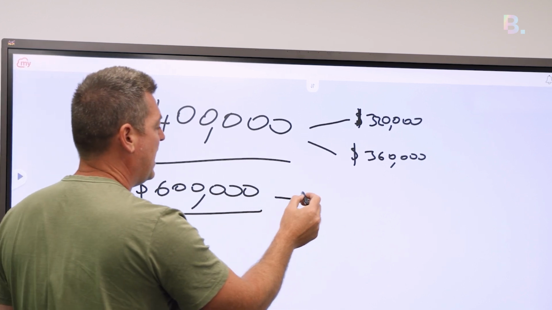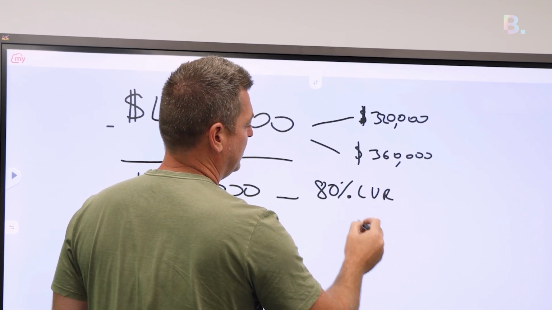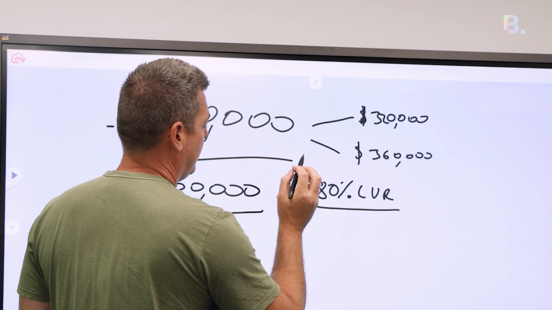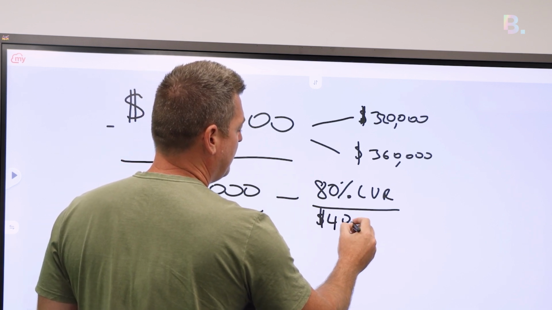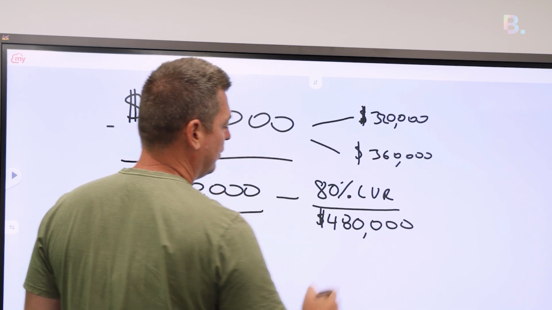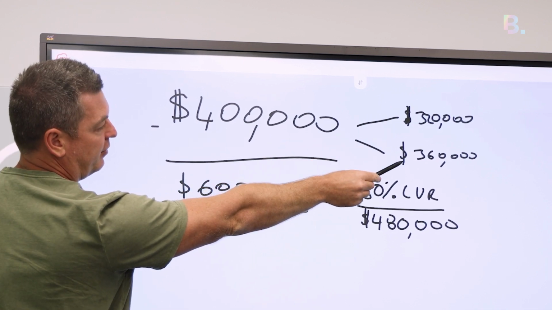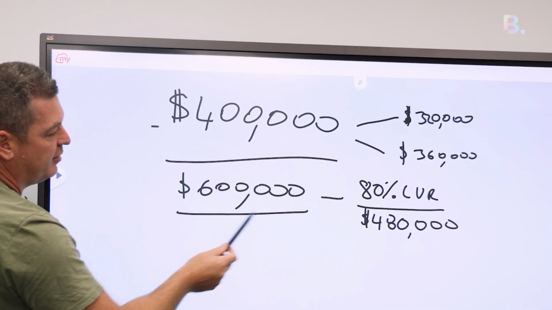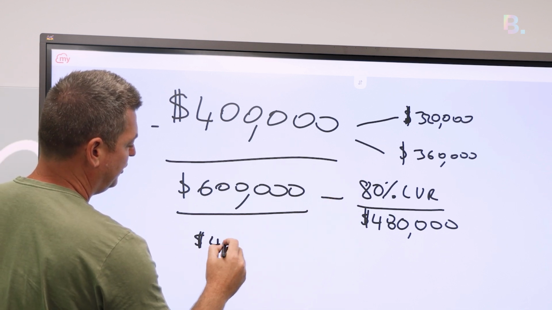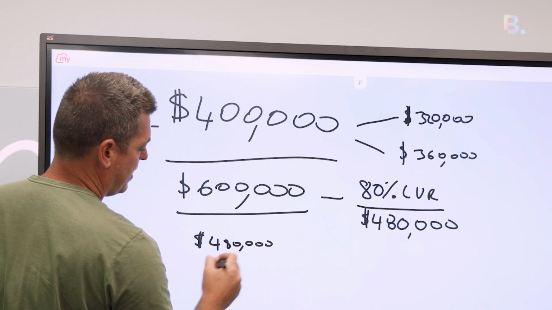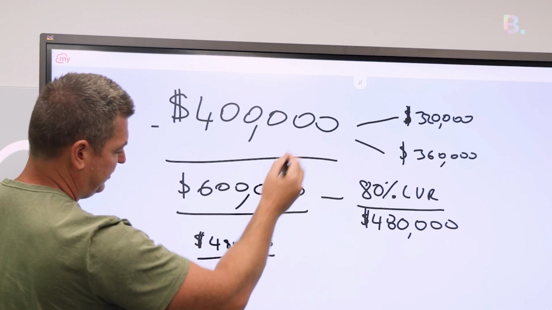Let's say you go to the bank and pull out a loan at 80% LVR, which is the loan to value ratio. 80% of 600,000 is 480,000, which is your new loan amount. Then you minus off 320 or 360. Let's just use 360 for the fun of it.